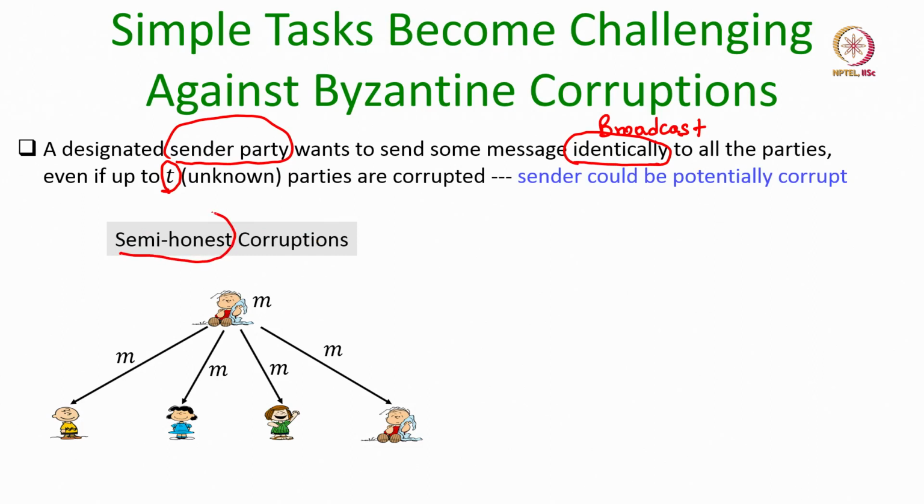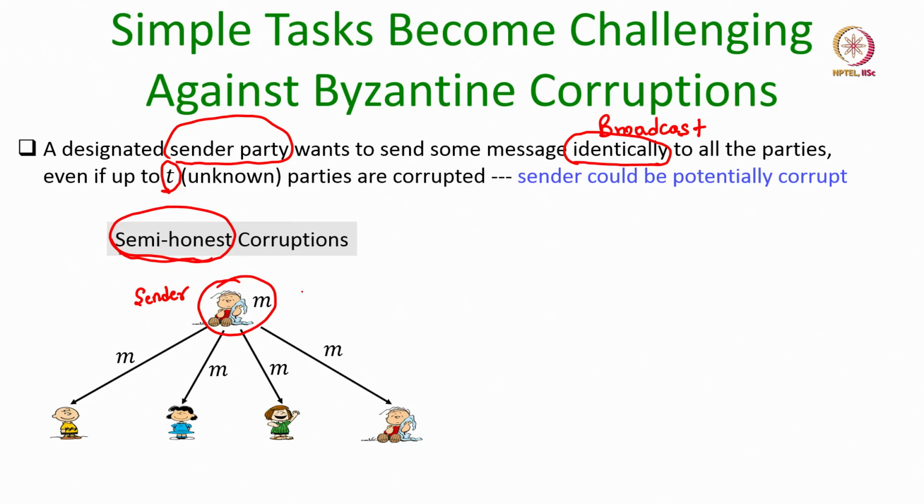and since I am assuming that I am in the semi honest corruption model, even if this sender party is under the control of the adversary, that need not always be the case, I stress, but even if it is, since we are assuming a semi honest corruption model, it will send the same message to everyone, because the protocol instruction is send your message to everyone, that is a one line code, that is a broadcast protocol in the semi honest setting.